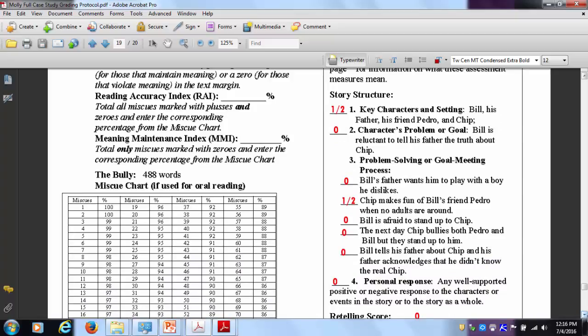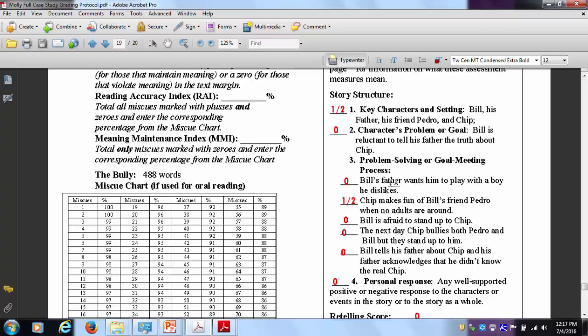She misses a lot of details because she really seems to have a great deal of confusion about who the characters are, etc. So she has half of the characters. We gave her half credit because of so much confusion. You cannot give her full credit for understanding the key characters and setting. She has no idea about the real problem here.